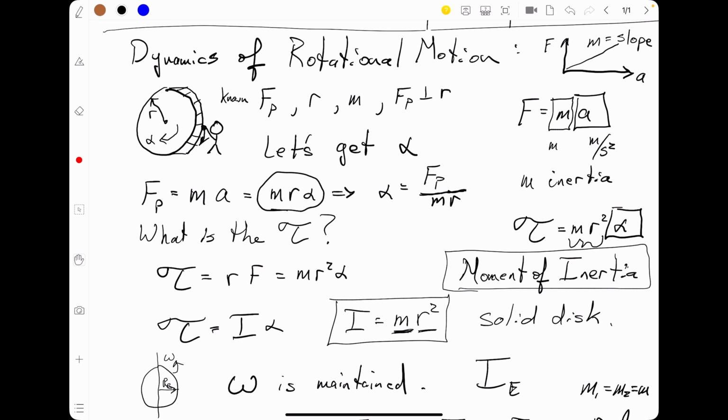I said that we were dealing with mr squared, right? But that's wrong. That is not true. Our solid disk, this solid disk, is 1/2 mr squared, okay? So that is the correct moment of inertia for a disk.